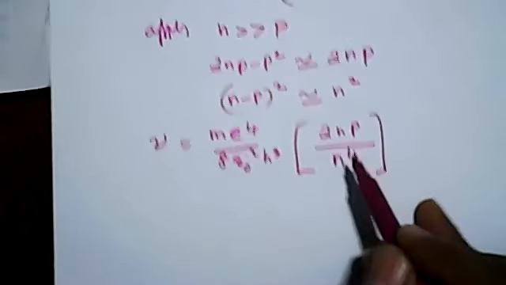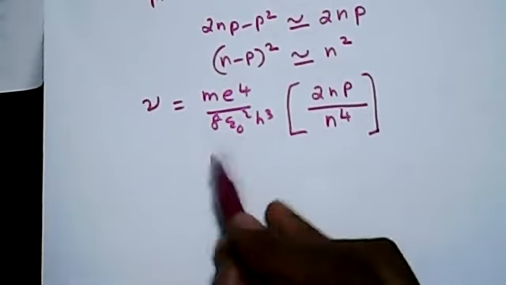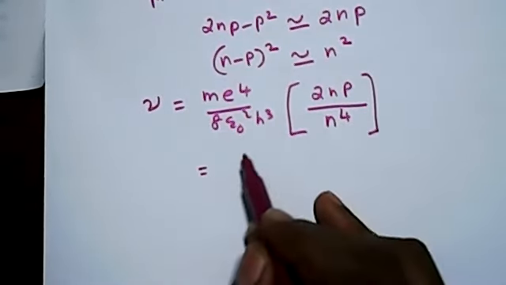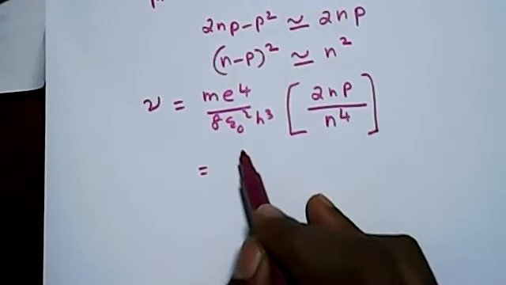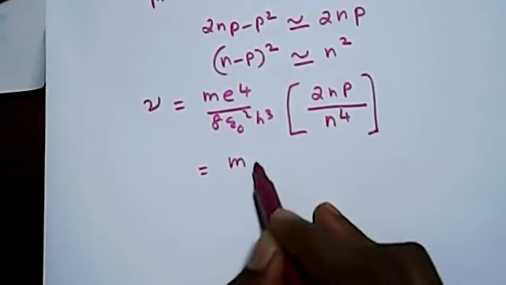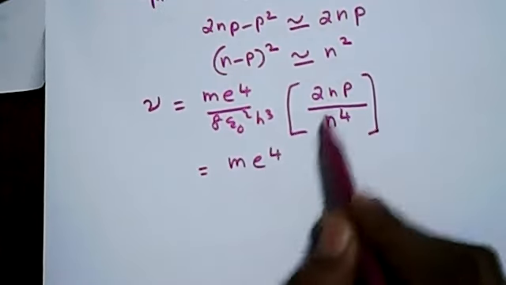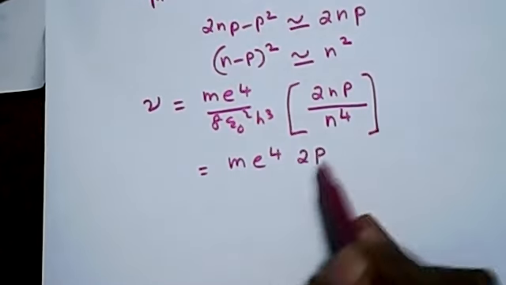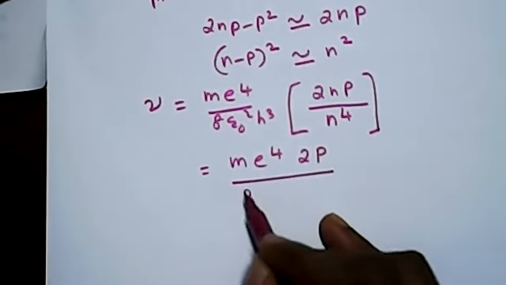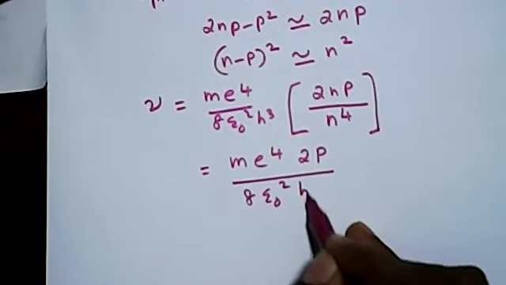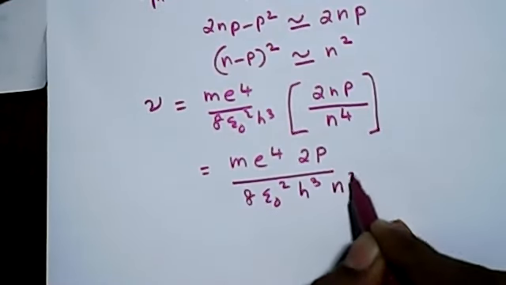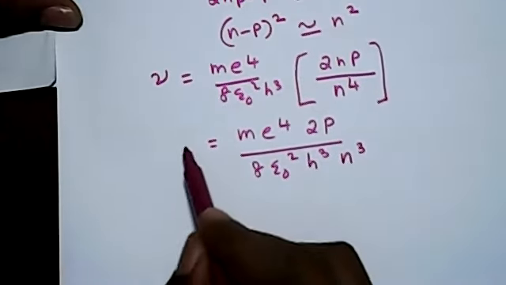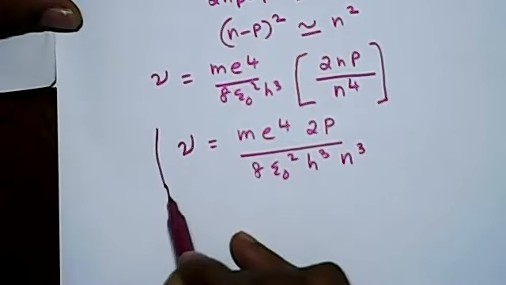So one n cancels, and what remains is n cube. So nu equals m e to the power of 4 into 2p divided by 8 epsilon 0 square h cube n cube. So this is the general expression for nu.